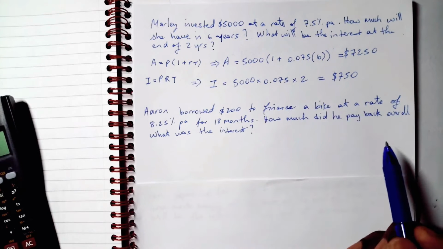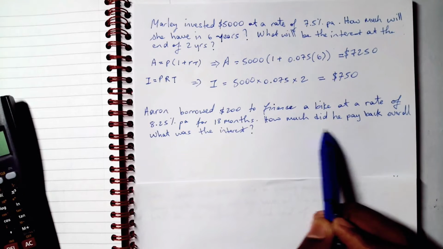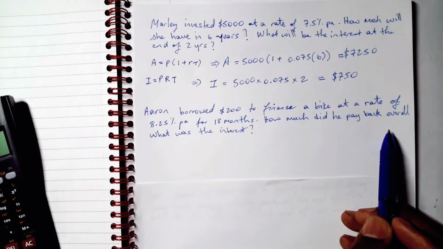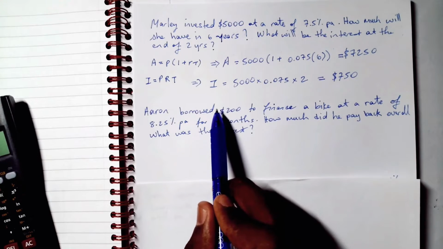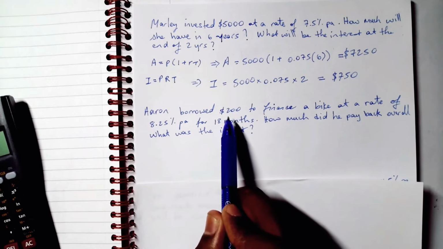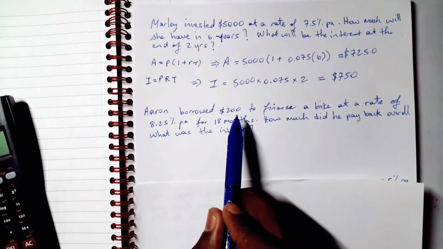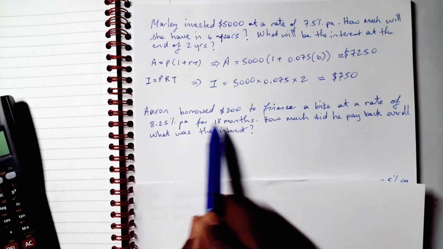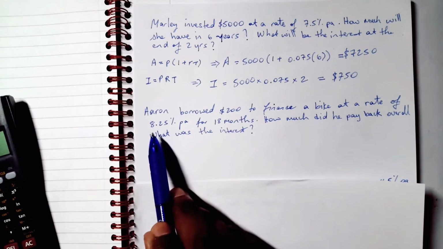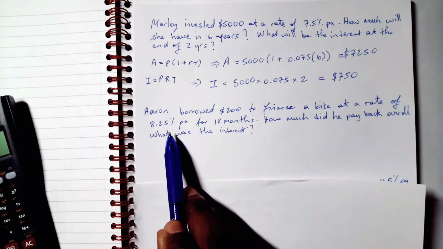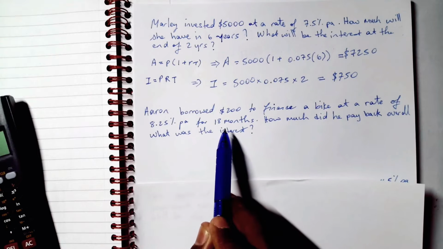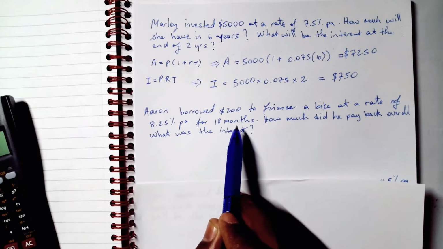They're asking how much did he pay back overall? Meaning he borrowed $200. He has to pay back the $200 plus the interest at the end of 18 months.